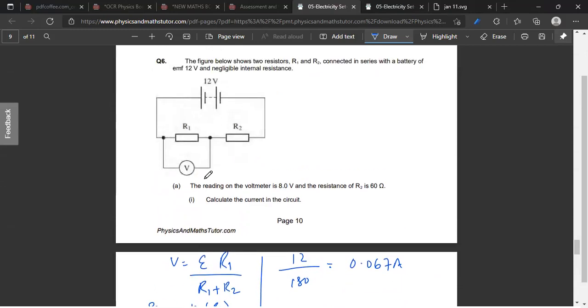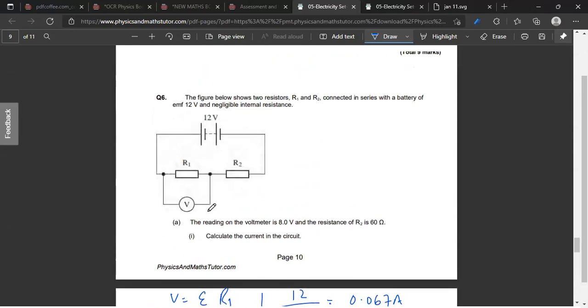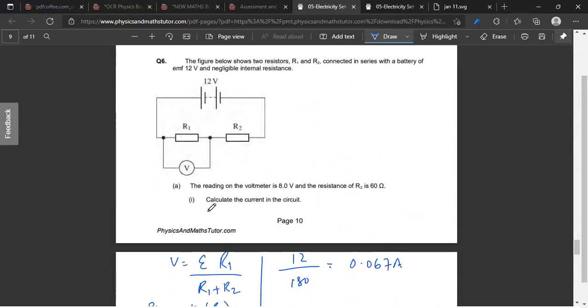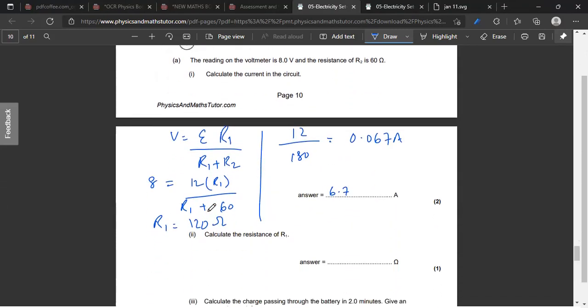Sorry, I didn't hear you for some time, but all I'm asking is how you got R1 is 120 ohms. This is the equation of the potential divider again. I know that, but can you show me how you rearranged it?